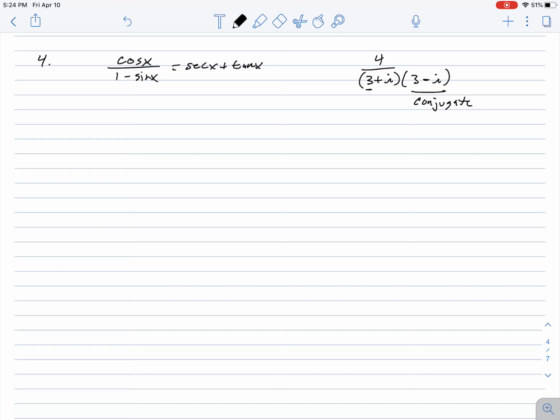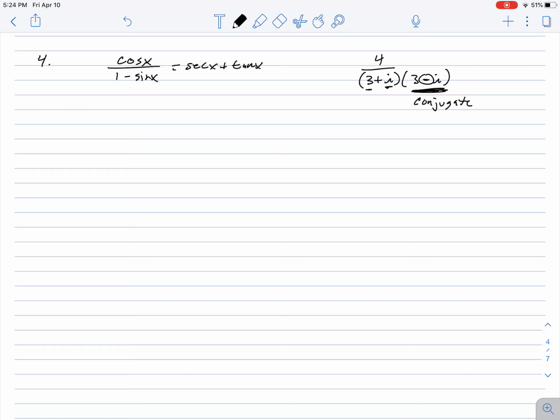So the conjugate is when you have a two-term polynomial, you multiply by that same two-term with the opposite sign in between. When you do that, you're creating a difference of two squares, and some nice things happen, especially in trig.